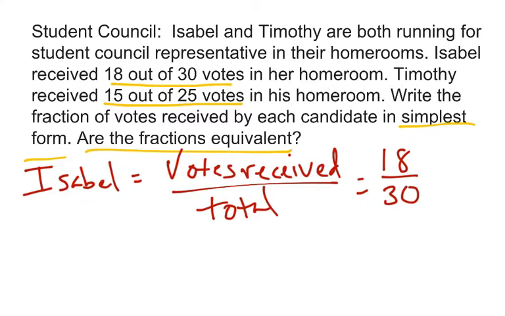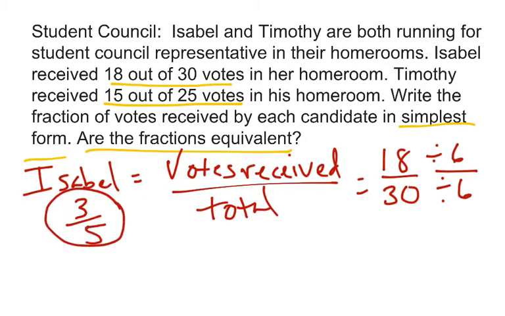I can divide both of these by 2, obviously, because they're both even, but let me try to find a bigger factor. Well, I know they're both even, and I know that they are also both divisible by 3, because 1 plus 8 is 9, 3 plus 0 is 3. So if they're divisible by 2 and 3, then I know they're divisible by 6. So Isabel received 3/5, and now I only have a greatest common factor of 1.